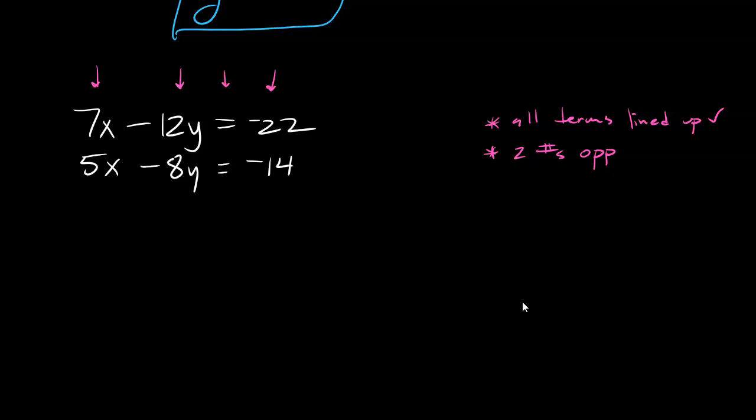So here's the plan of attack: we have no numbers that are opposite. So you need to specifically pick which variable you want to focus on. So Decia said y. Apparently she's got a vendetta against y. So we have a -12 and we have a -8. We want to multiply them by something to make them the same.